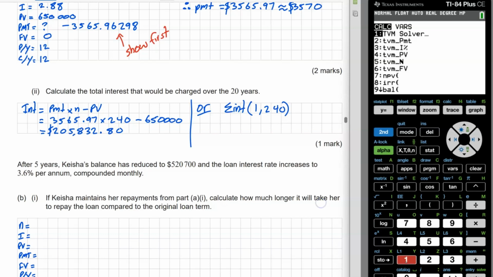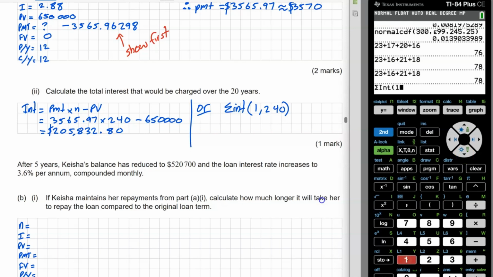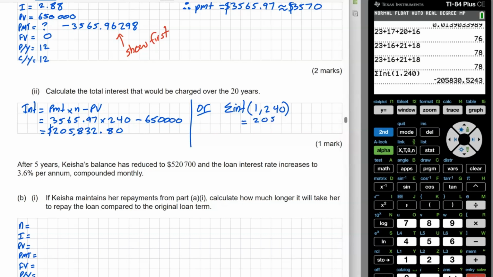We go finance, and we're going to scroll down to the sum of int, which is the sum of our interest, and then 1, 240. So starting at 1, going up to the 240th repayment, and we get this time that it's equal to 205,830.52. So either of these methods would be correct.